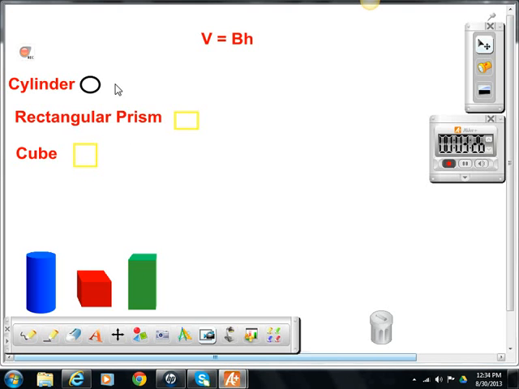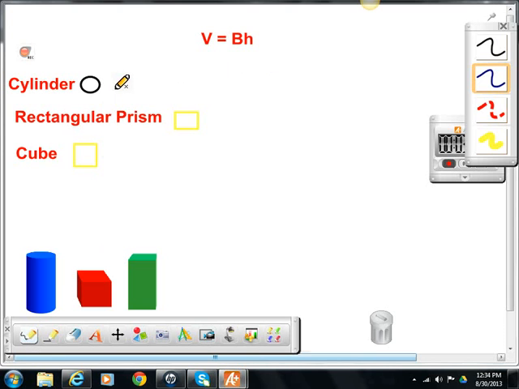So let's talk about these formulas. I need to know the area of the base times the height. So what is the formula for the area of a circle? The area of a circle is pi times the radius squared, pi r squared.